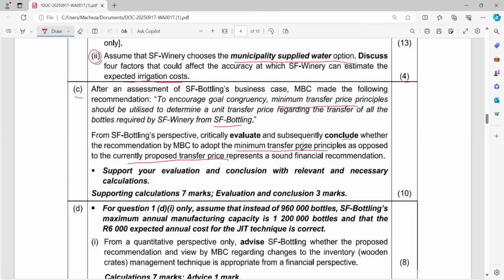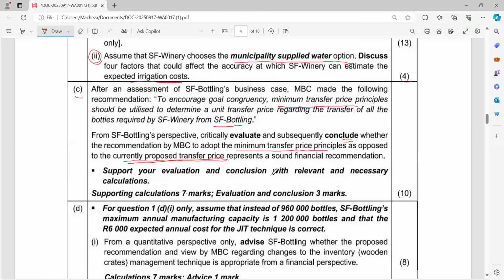So you should have your minimum transfer price and then your currently proposed transfer price, which will be there in the scenario. They will tell you about this. Even if you have to calculate it, they will tell you how to calculate the currently proposed transfer price. Then you compare to your minimum transfer price. Then that's when you can evaluate and conclude.